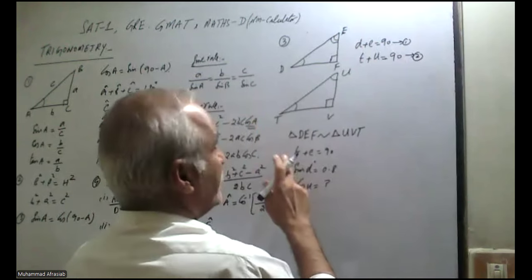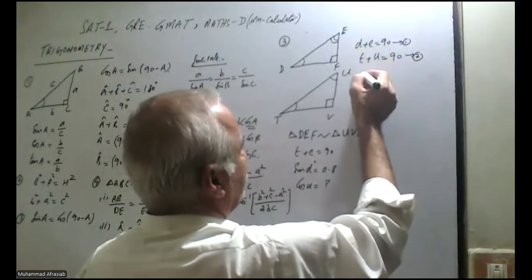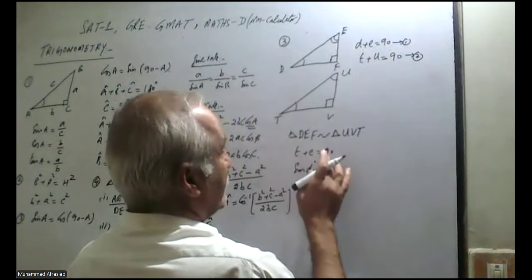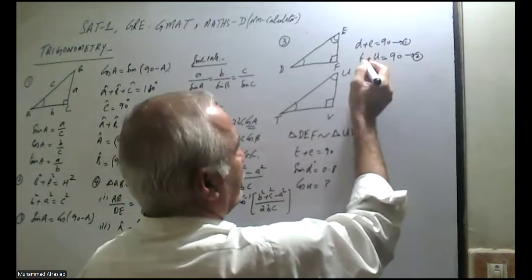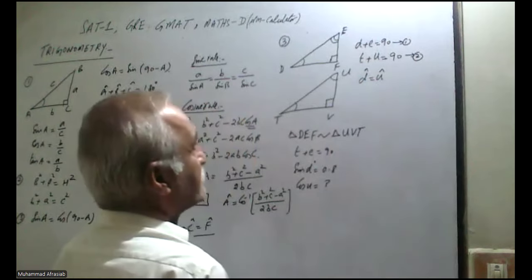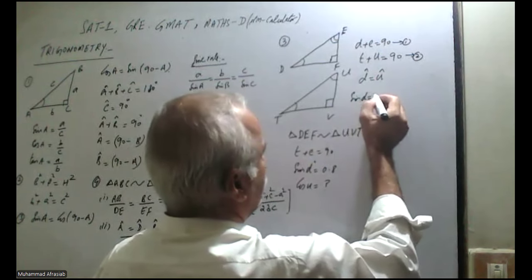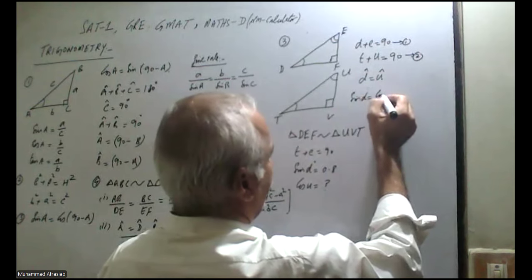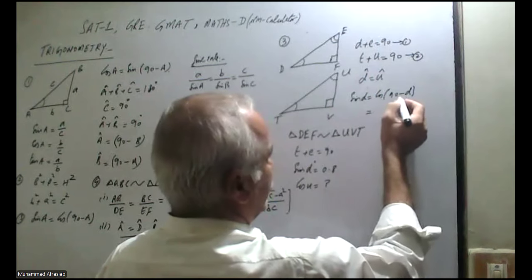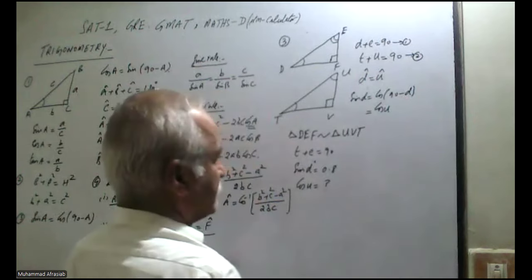But they have given that T plus E is equal to 90. So this means if we use this information that T plus E is equal to 90, then angle D must be equal to angle U. So sine of D is basically equal to cos of 90 minus D, which is basically equal to cos of U there.